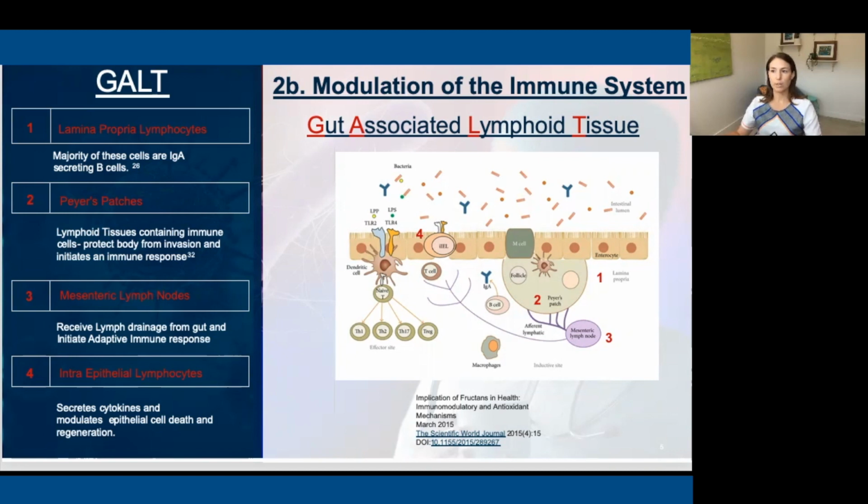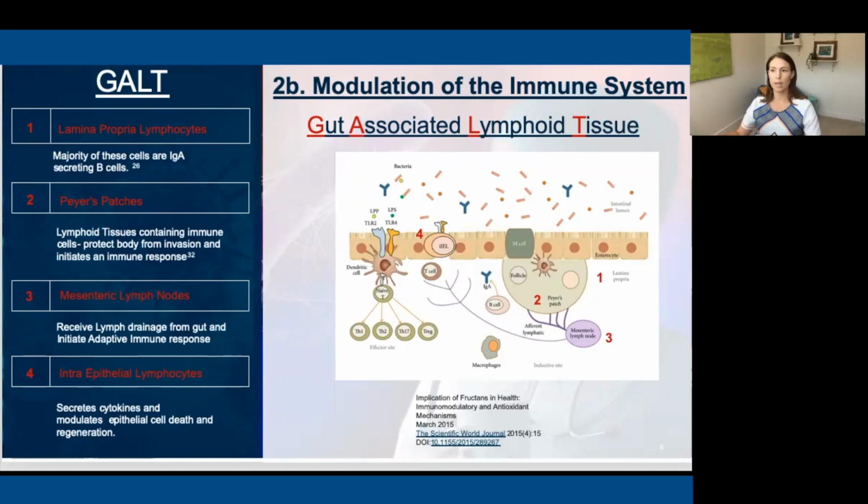So let's take a look. In terms of our gut-associated lymphoid tissue, there are 4 main specialized immune cells or tissues found in the gut. I'm going to chat through how your normal bacterial flora can support different immune cells in these areas of the gut, and how that helps with modulating our immune system.